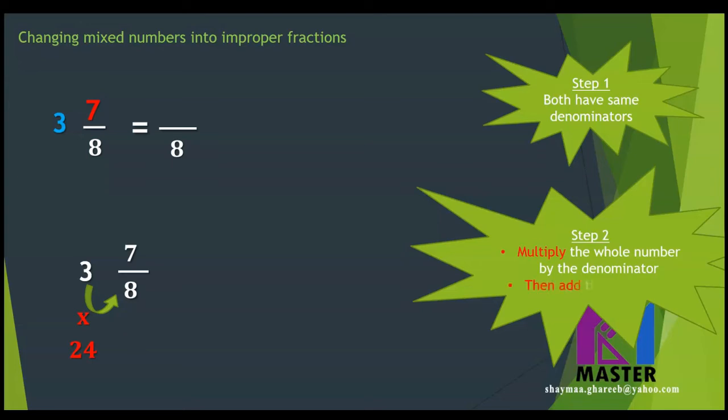Then I will add the numerator. So 24 plus 7 equals 31. So now I can write 3 and 7 over 8 as 31 over 8. Is this clear?